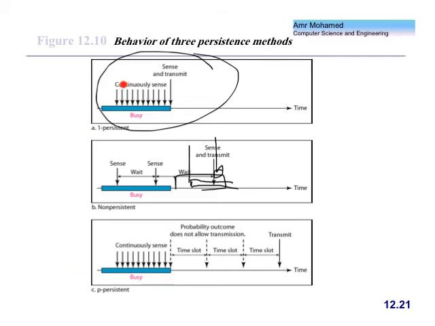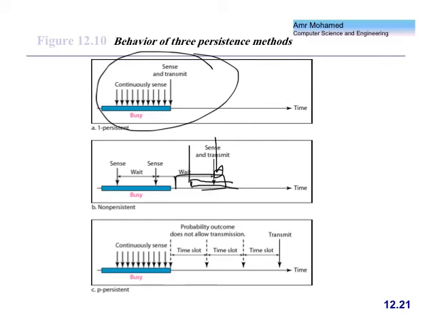This means we'll go back to one persistence, which means that once the channel is idle, we send with probability 1. That's what this means. Okay? But here, we'll generate a random number. If it's less than P, then send. If it's more than P, then don't send. So we can sort of fine-tune the system to make it very persistent or less persistent.